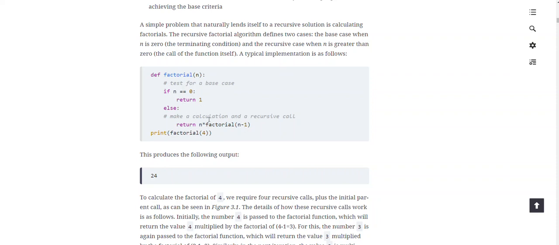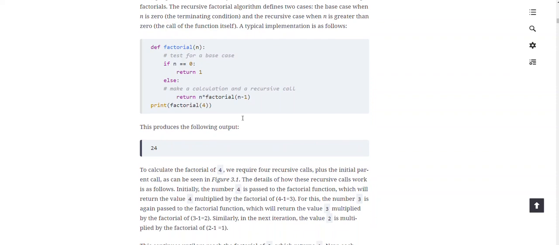We have no way out, and it's just going to keep calling itself over and over again, passing that same value to itself. So we've got to build in something where we're either breaking or returning. We've got to have some way to get out of this potentially infinite loop.